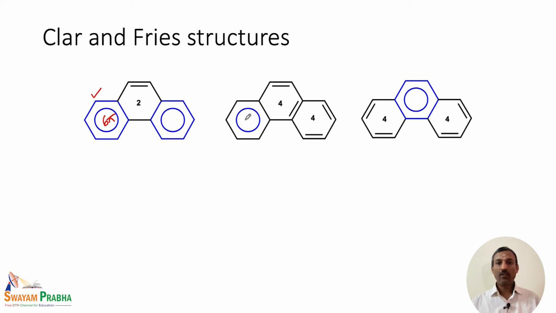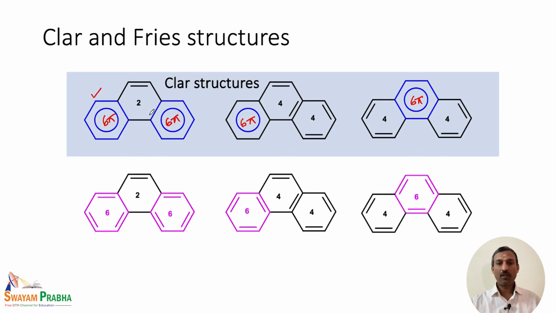Here we have 6 pi electrons in only one of the rings, that is one of the terminal rings, and in another one the middle ring is having 6 pi electrons. So these are the other two Clar structures which are possible for phenanthrene, and out of that the first structure, which has two 6 pi electron rings, is the most preferred Clar structure. And if we extend the same to Fries structures, we can do the same thing.